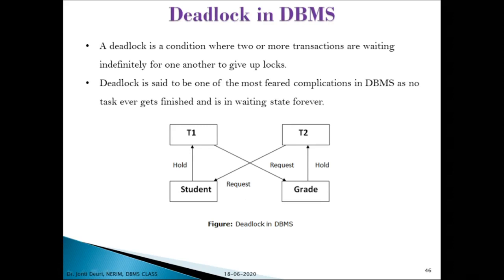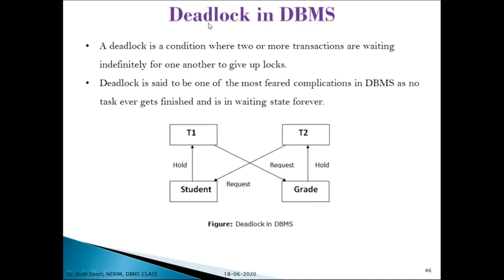This type of condition is deadlock. Transaction 1 is waiting for transaction 2. If transaction 2 is completed, then only it can release the resource, right? Here, grade is T2's resource.